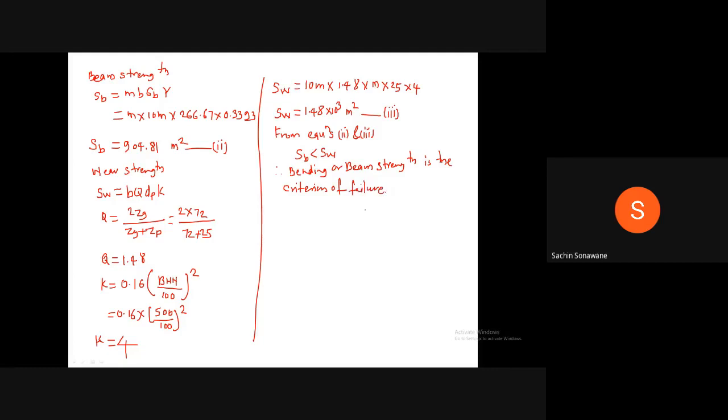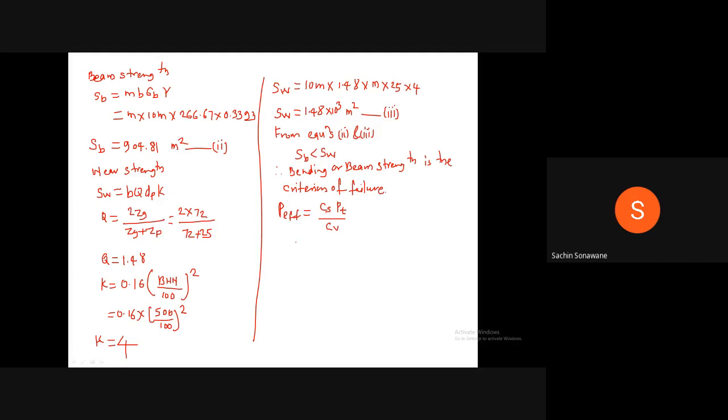Therefore, now we will determine effective load, and to that effective load we will equate SB. What is the formula of effective load? Effective load P effective is equal to CS PT upon CV.